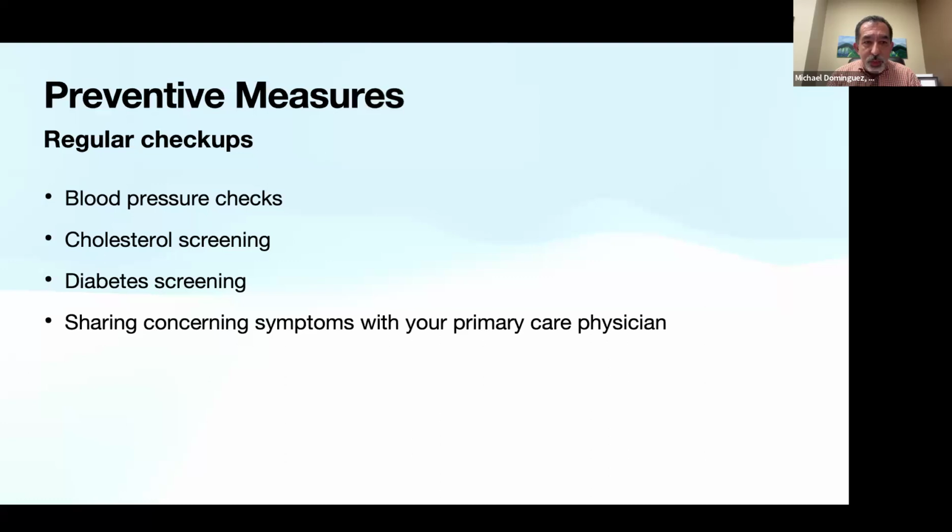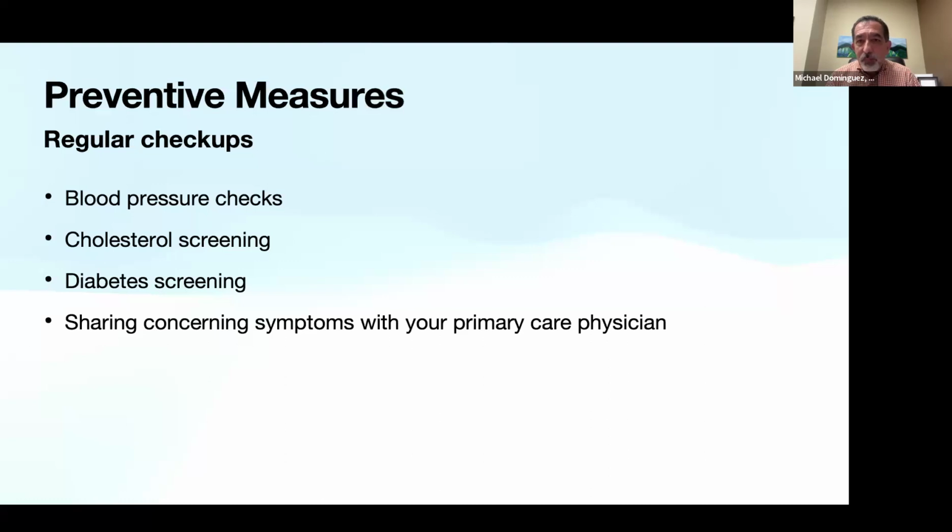And this last point is probably the most important: to share with your primary care physician how you're feeling. If you can't walk around Walmart or H-E-B the way you used to without getting short of breath, that should come to the attention of your doctor.